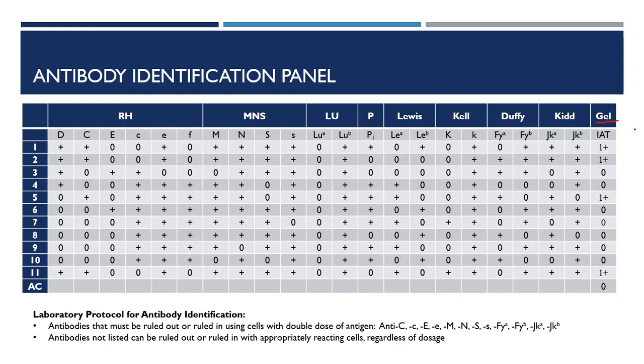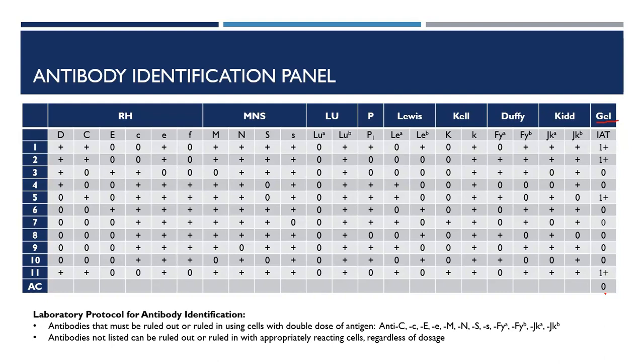Our antibody screen showed 1+ reactivity in one of the screening cells, and we see we have reactivity in 4 of our panel cells. So that means we have a nice number of negative cells that will allow us to do some ruling out. We also did do an autocontrol here.